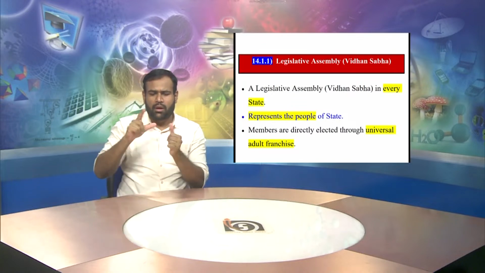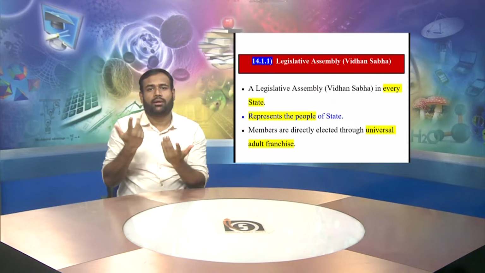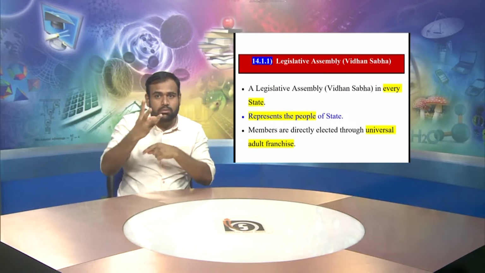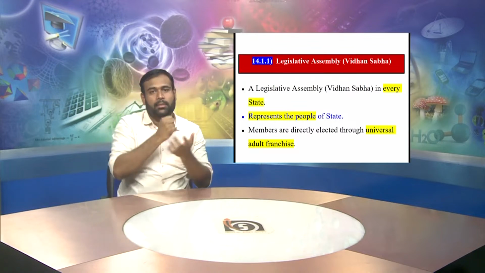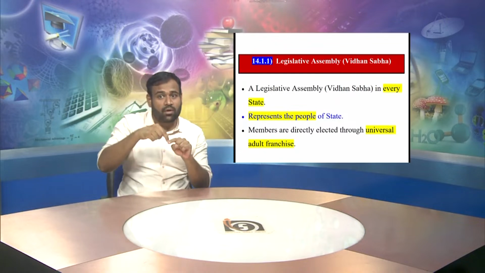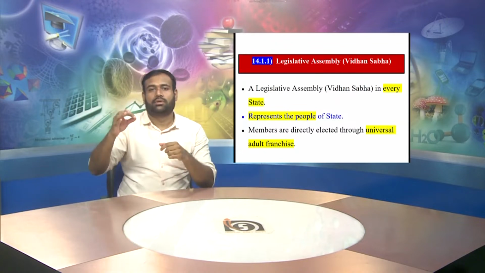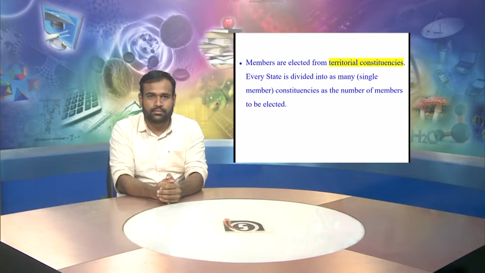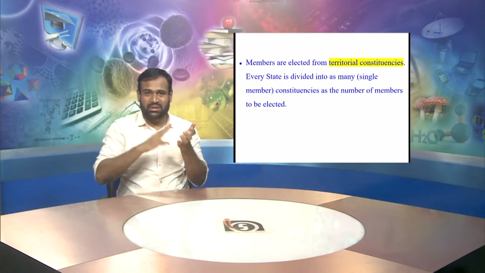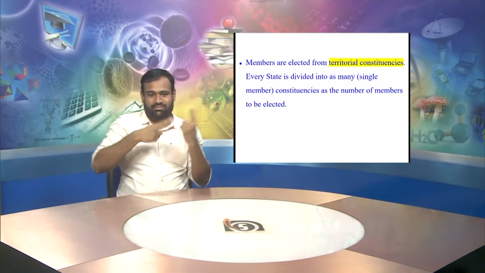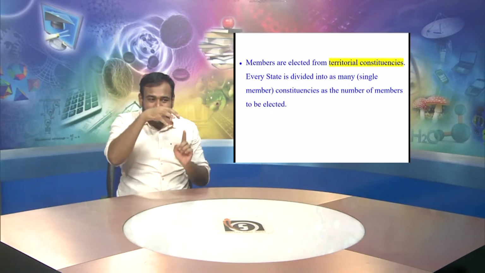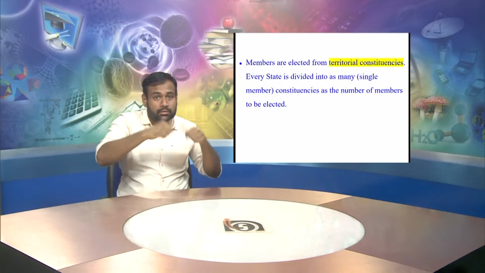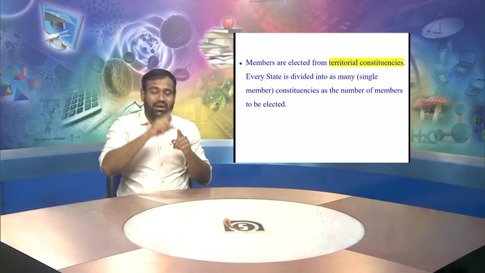Members are directly elected through universal adult franchise. Members are elected from territorial constituencies, and every state is divided into as many single-member constituencies as the number of members required to be elected.